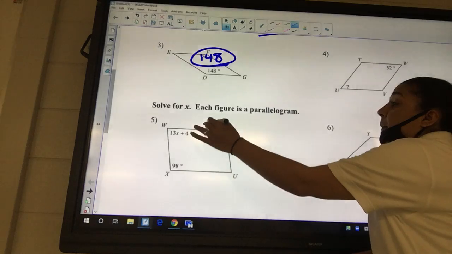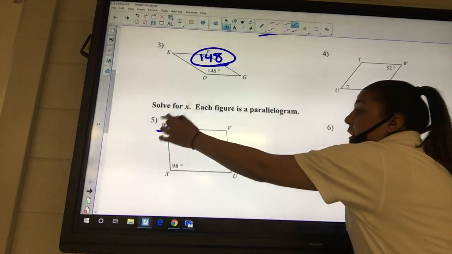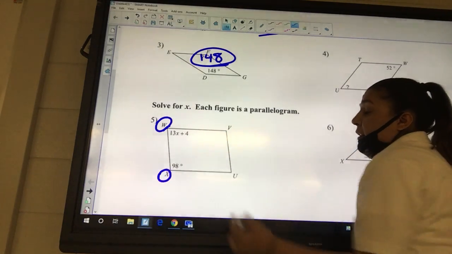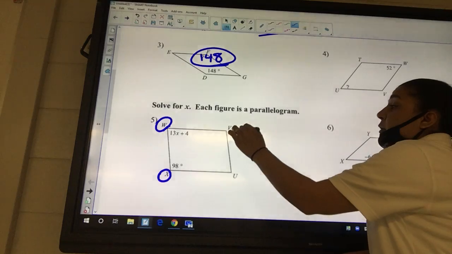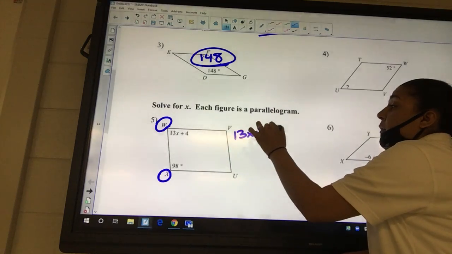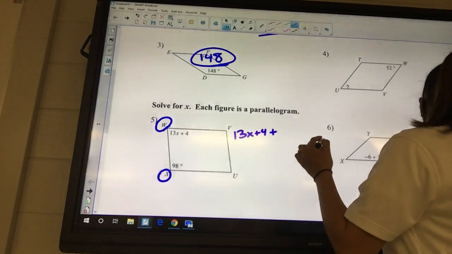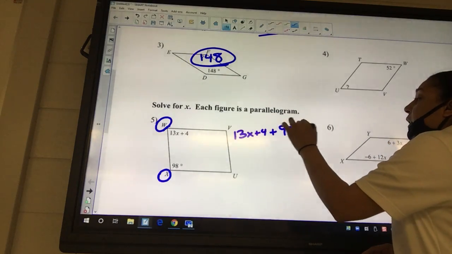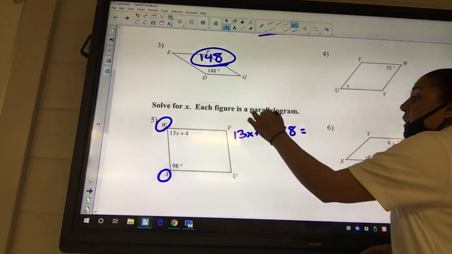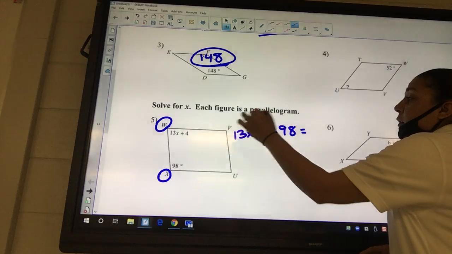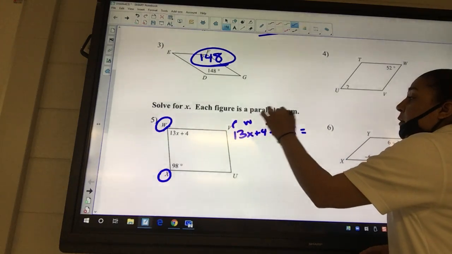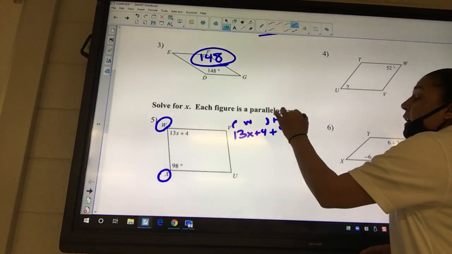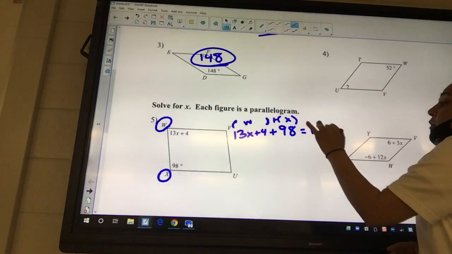So we can say this angle, W, plus X equals 180. W is 13x plus 4, plus the other angle, 98. This is W, and this one is X. Between the two of those, they equal 180.